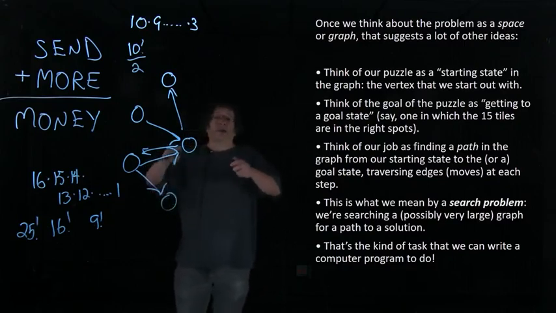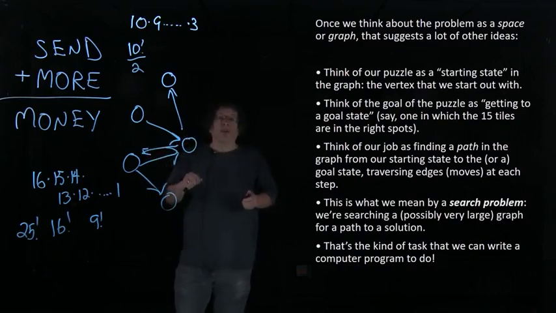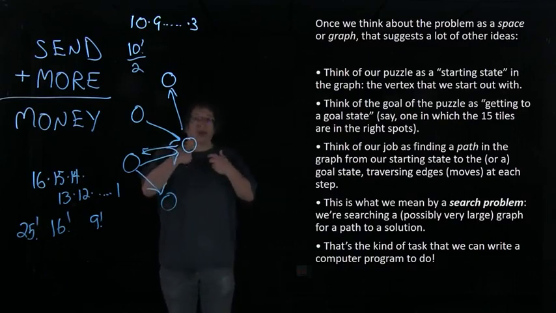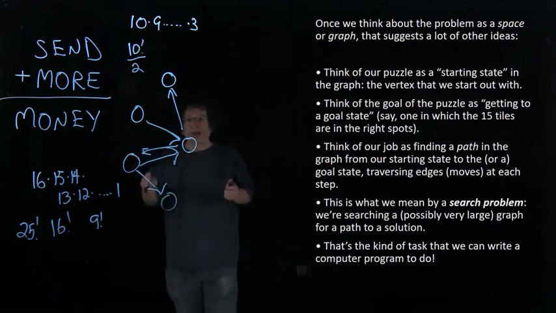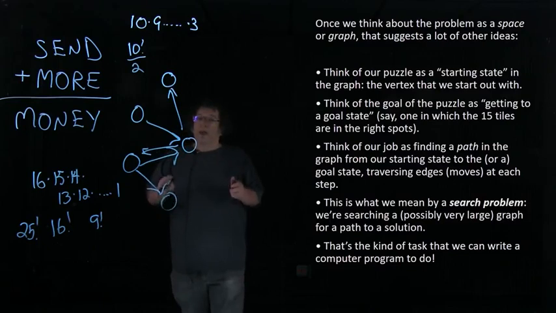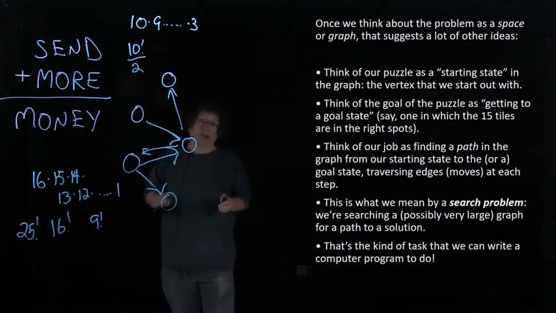So we've taken the situation this far. We've said there are certain kinds of puzzles, and we can represent the puzzle as a graph, and we can represent our attempt to solve the puzzle as searching the graph. Now, even in saying that, we're already making some big assumptions. Is this really what people do? Is it really a good model of how people think about these puzzles?